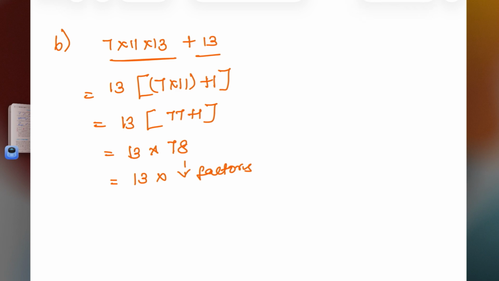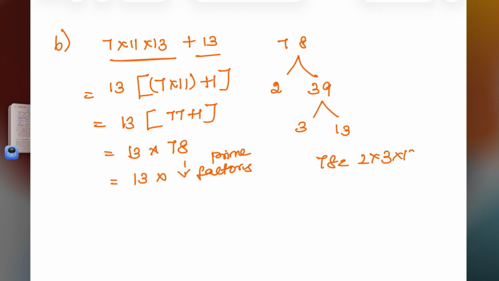Being an even number, divide by 2, and we get 39. Then we can divide it by 3, we get 13. So the prime factors of 78 are 2 into 3 into 13.